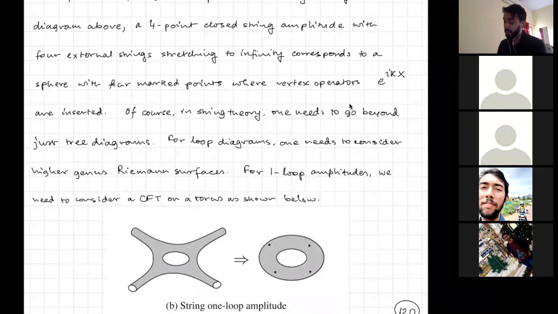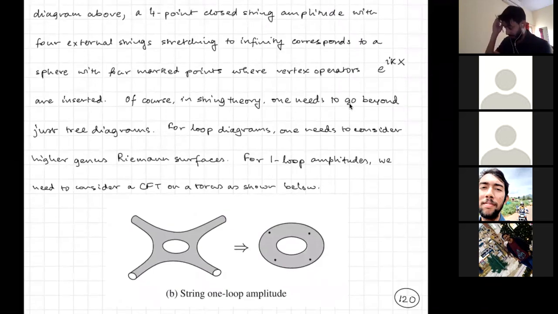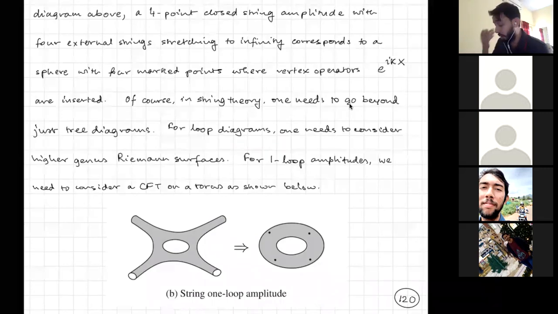For example, if you're looking at a one loop amplitude, you have to consider CFTs on a torus, like I've just shown you. Very good. You will also see that in order to naturally define partition functions of a CFT, we will have to go here. That's what we will learn next.